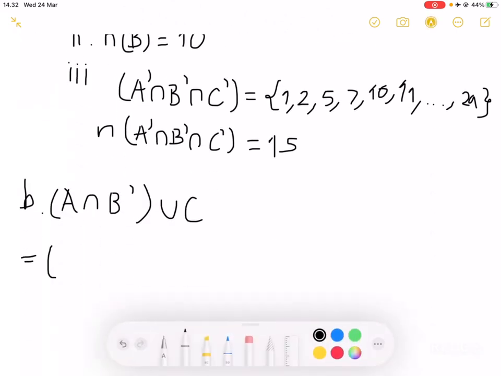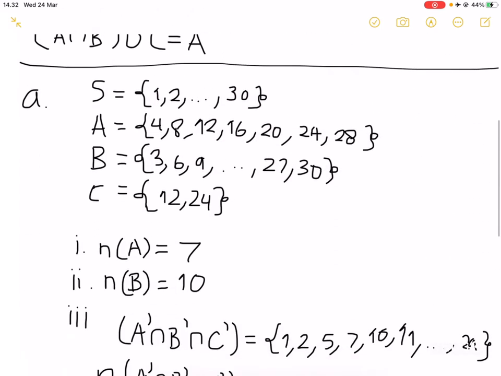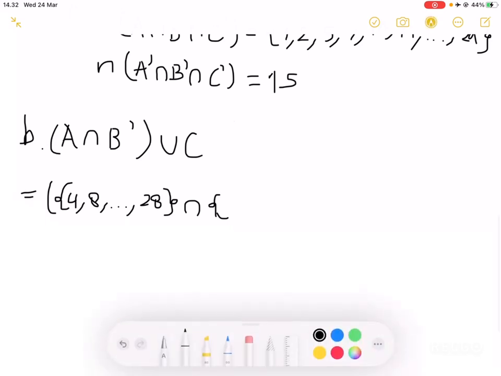A will be 4, 8, all the way up to 28, intersecting B complement, which is the set of all elements in S that is not a multiple of 3, as in the definition of B there. So that will be 1, 2, we exclude 3 since 3 is a multiple of 3, 4, 5, all the way up to 29.